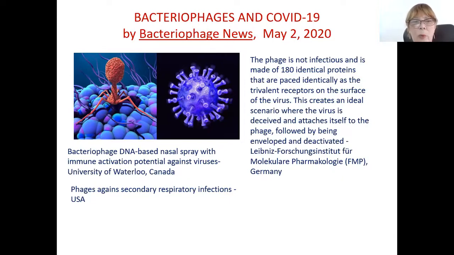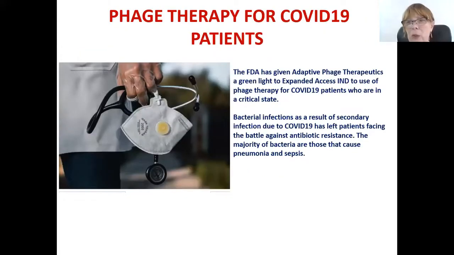Another idea was to use a bacteriophage DNA-based nasal spray with the immune activation against the virus. This was developed in Canada. And the third way of use of bacteriophages, not directly against COVID, but against secondary respiratory infections, really was implemented.